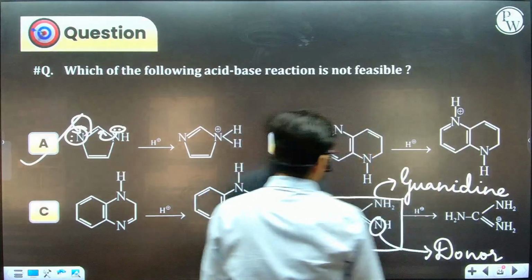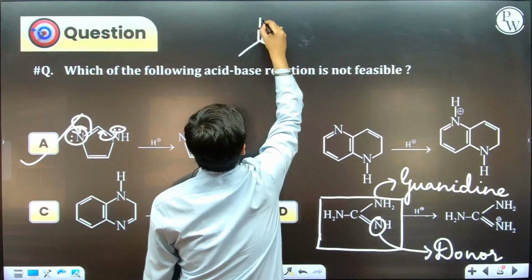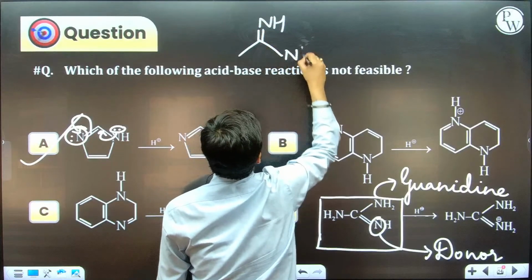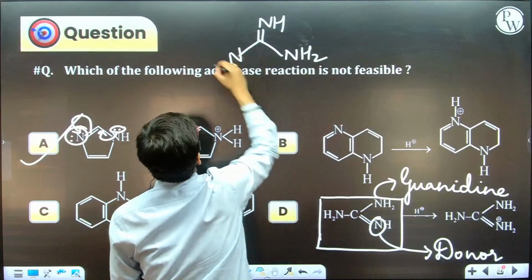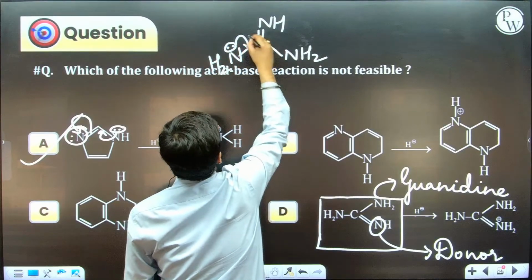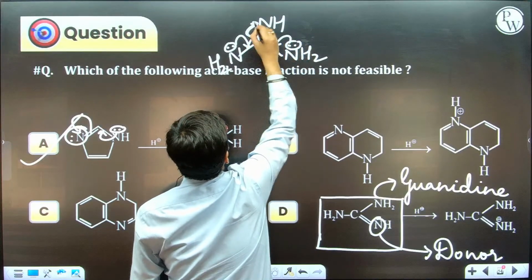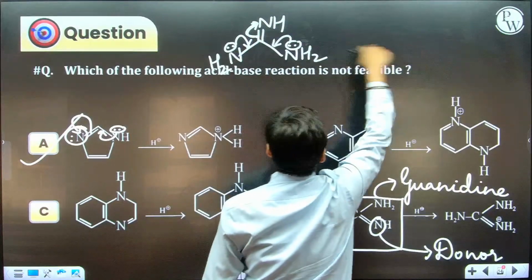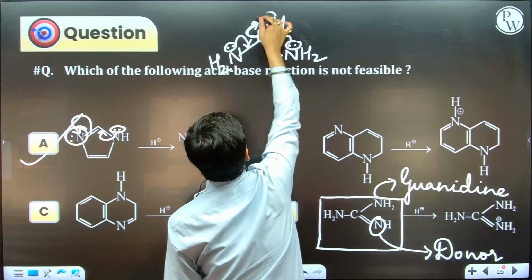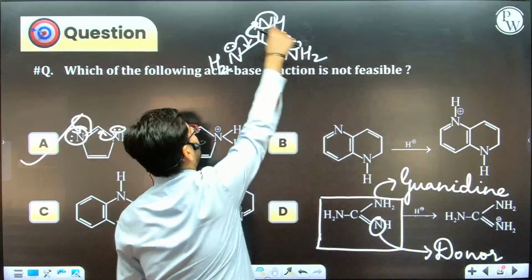Okay. Now coming to guanidine ones, see. Also, if you look at this nitrogen atom again, so I will get two canonical structures wherein this nitrogen atom will be negatively charged, and hence this is the donor.